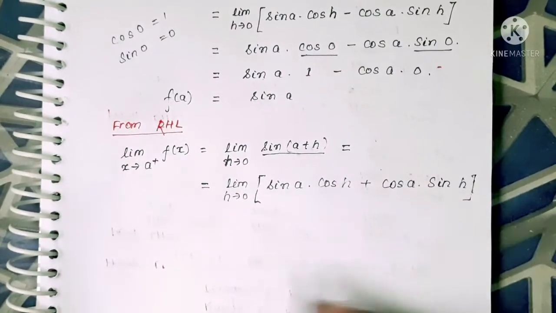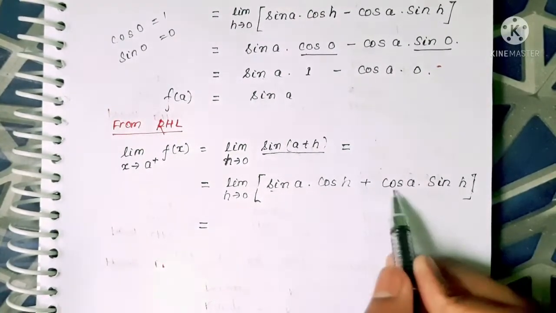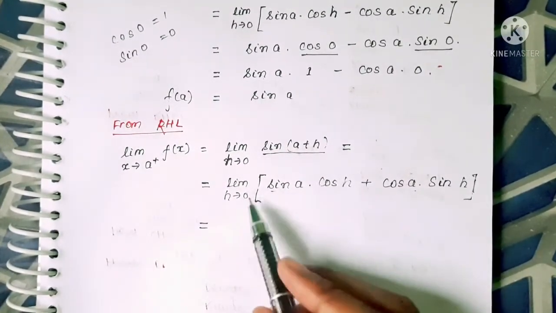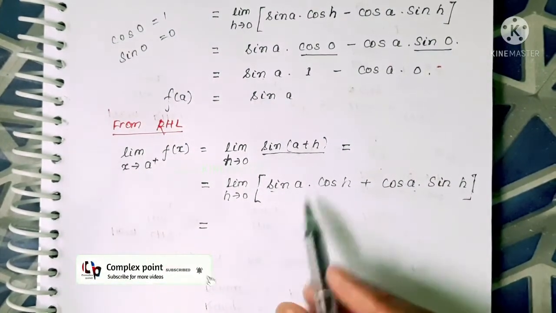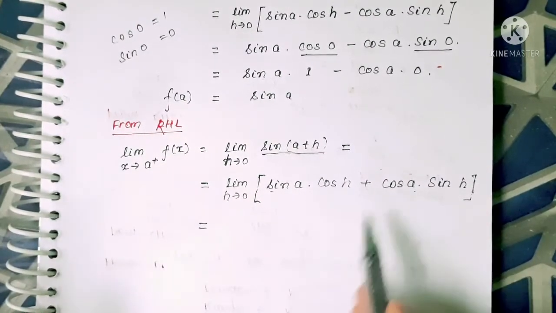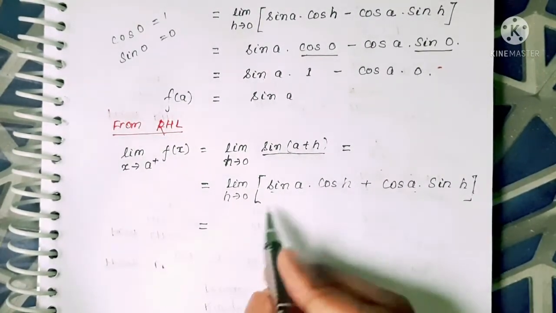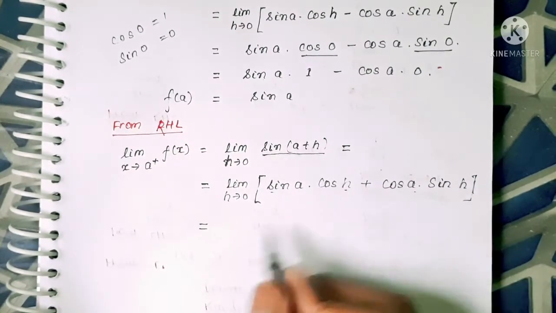Here sin a and cos a are constants. If we put limit h tends to 0, then sin a and cos a remain as they are, so we will directly put h tends to 0 in place of h.